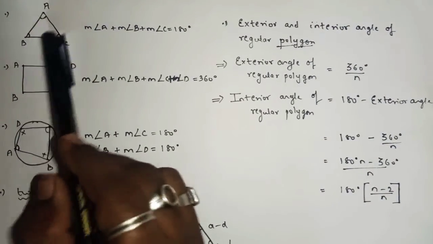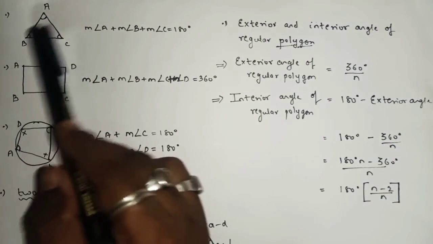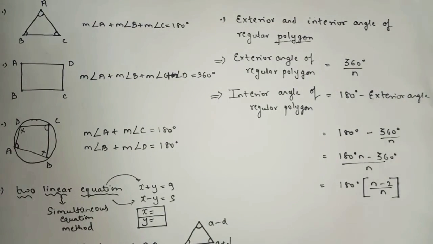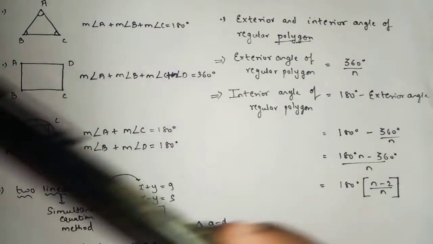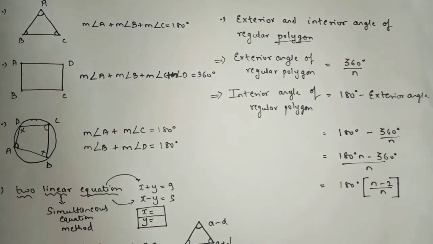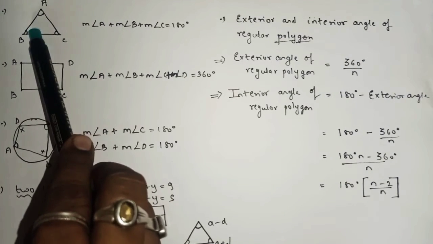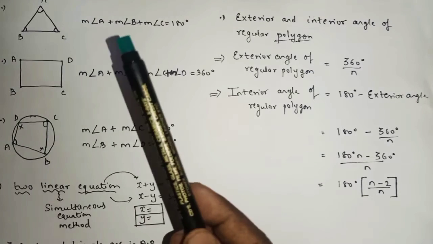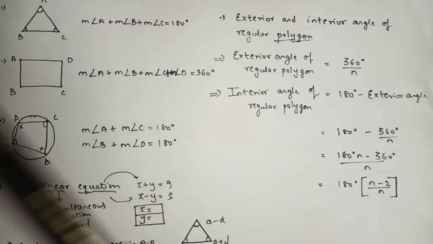A triangle has three angles and three sides, a quadrilateral has four. If you have more than four sides or angles, we consider it a polygon. After the triangle and quadrilateral, we have the pentagon, then the hexagon.